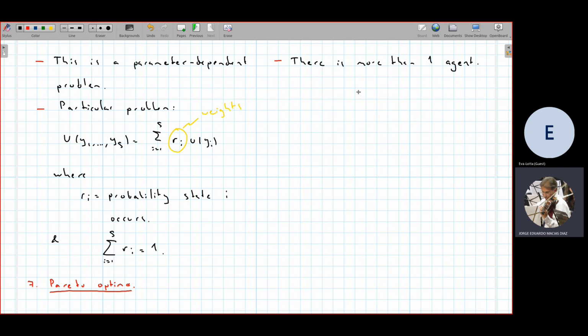And we are going to consider now the case of two agents, for a better description. So let's consider two of them. For practical purposes, we can think of these agents as individuals.